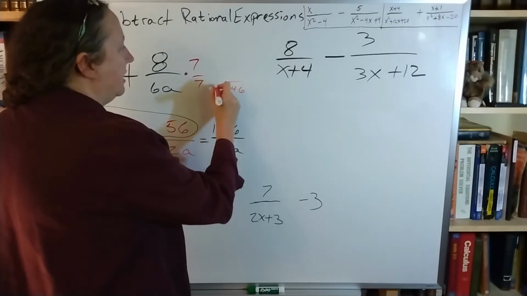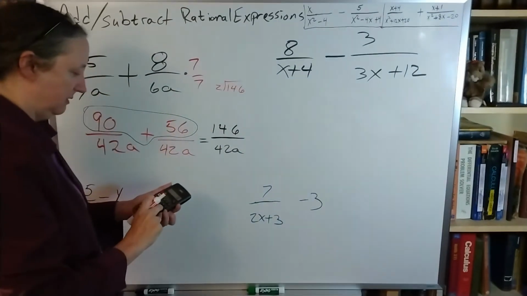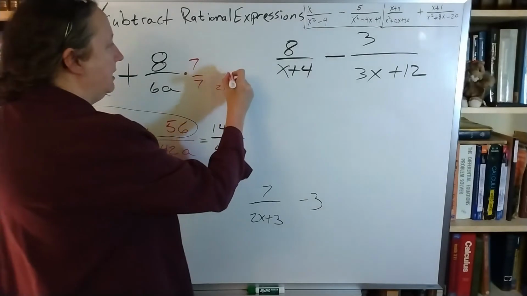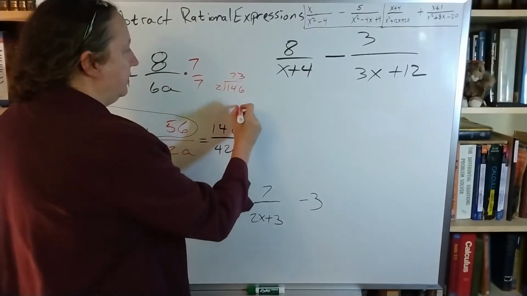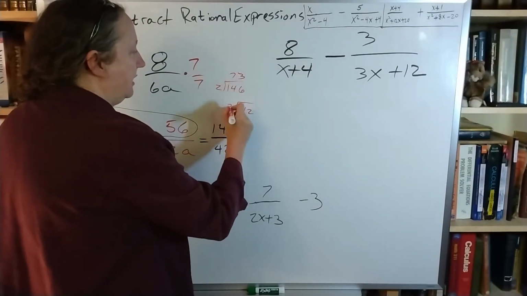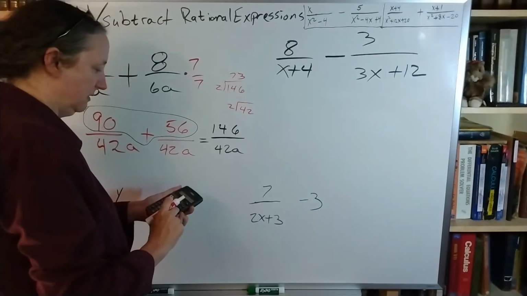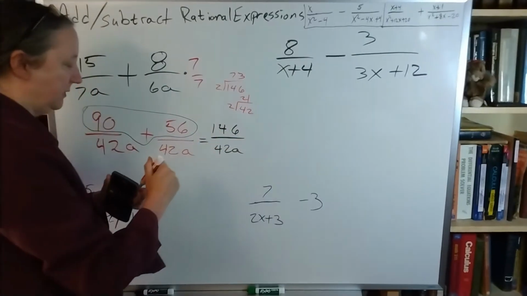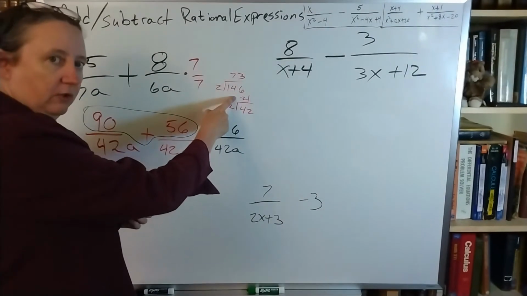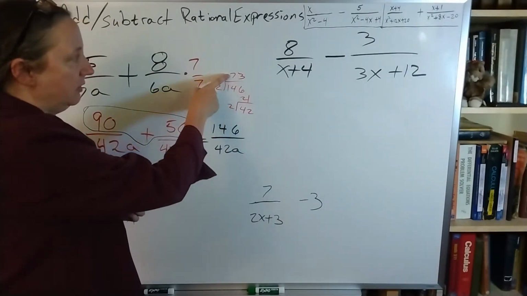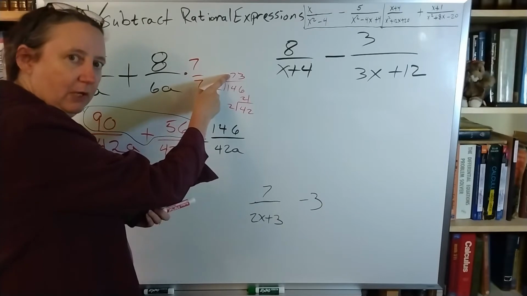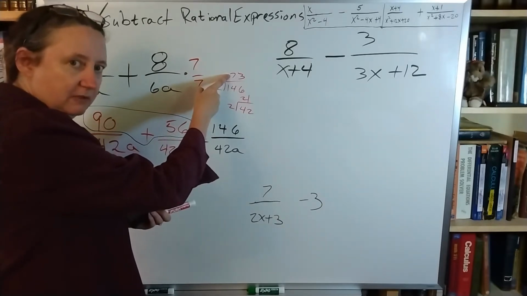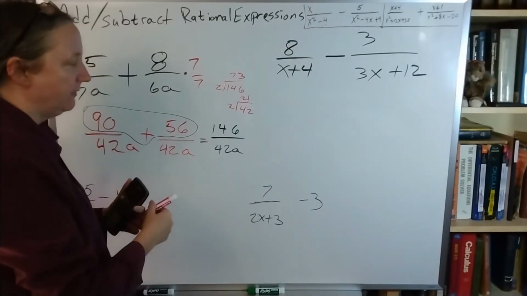146 divided by 2, 73. 42 divided by 2 is 21. I know that 21 is 3 times 7, so I look to see, can I divide this by 3 or can I divide it by 7? The answer is no to both of those.